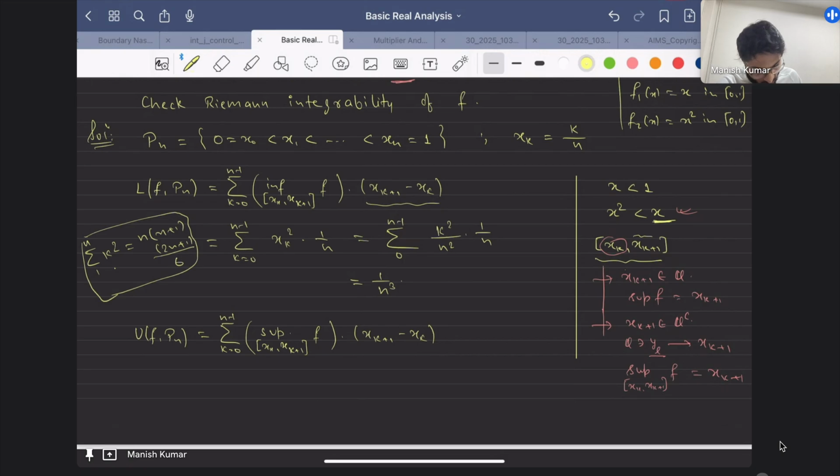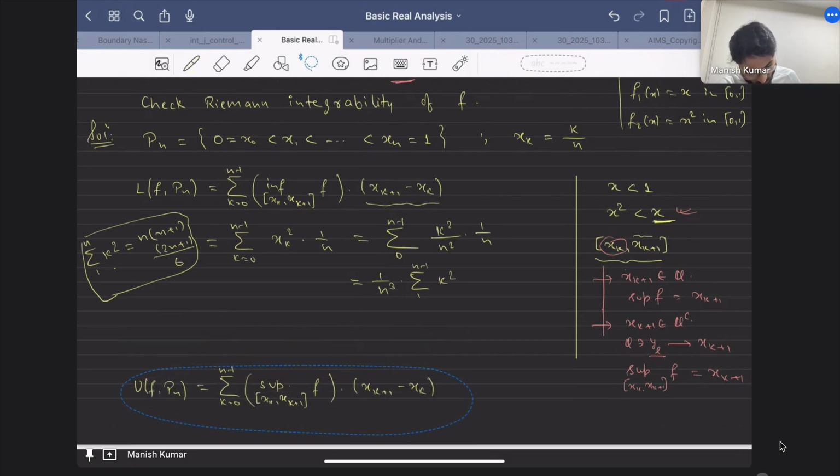Similarly, if we substitute, this is from 1 to n minus 1 of k square. So this would be simply 1 by n cube, n minus 1 into n into 2n minus 2 plus 1, which is 2n minus 1, upon 6.